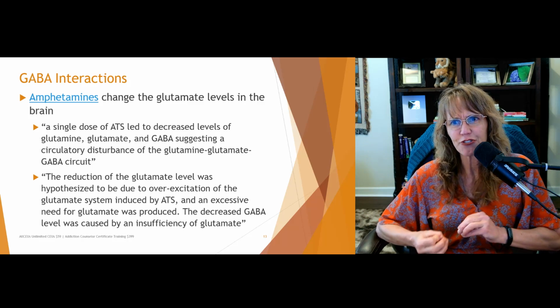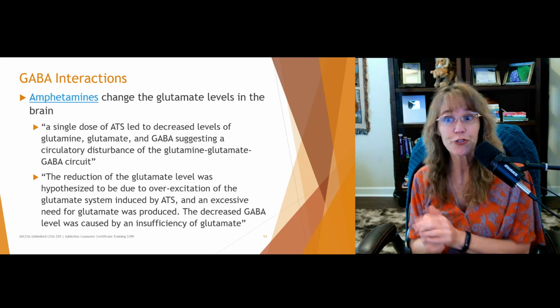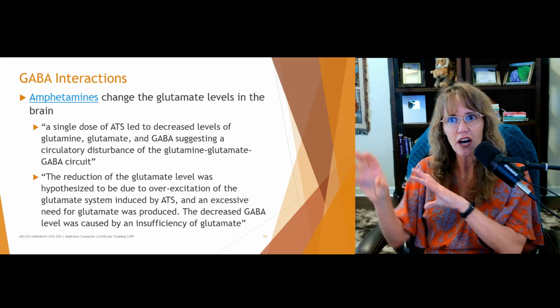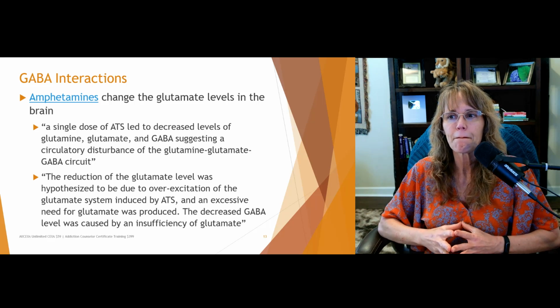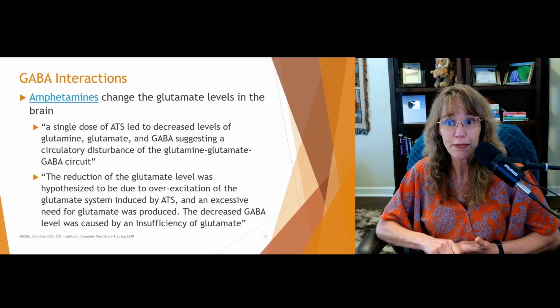So that's really interesting. You would think amphetamines would naturally just increase glutamate levels, but it actually alters levels of glutamine and glutamate and GABA.